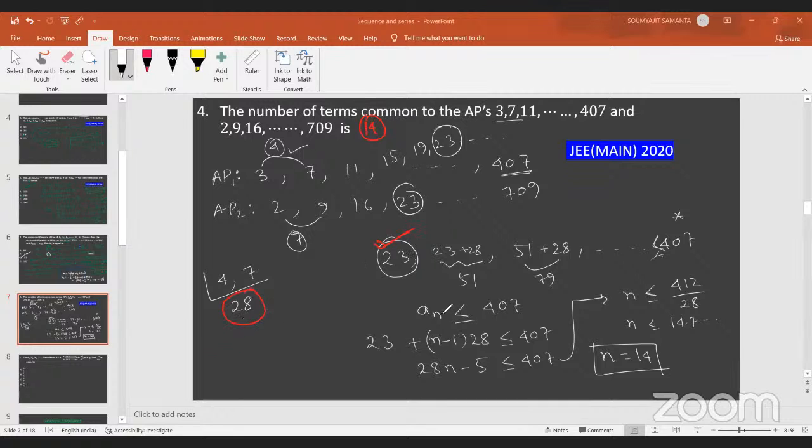So you can find the An from this, and An will be less than the minimum value of the two APs. The minimum value is 407. The last term is 407. So we'll write the equation using this information and then find the value of n. Clear? Yes, sir.